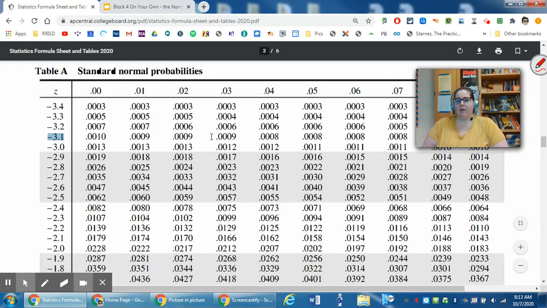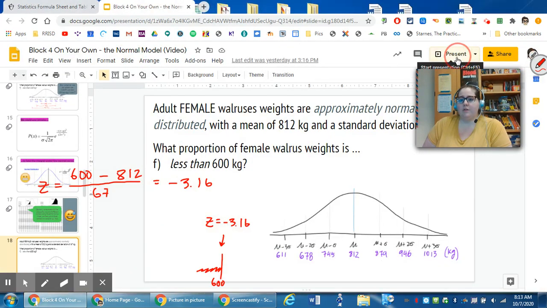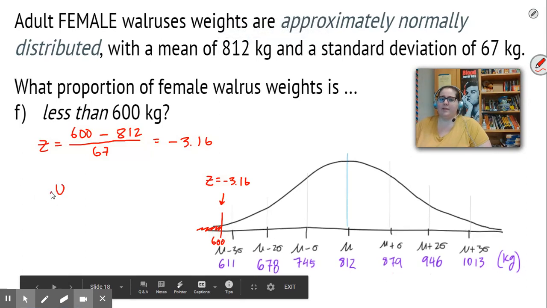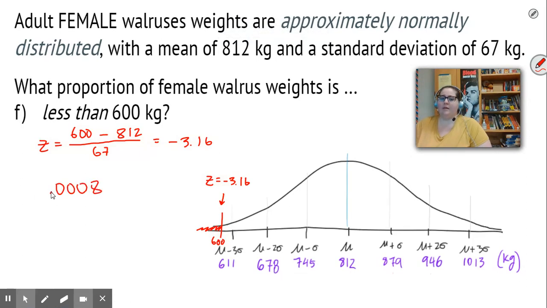So negative 3.1, and then we want to be underneath the 0.06 for that second decimal place of 6. So the area that the z-table is telling me is 0.0008. So going back to my example, the area that we got from the z-table is 0.0008. So that is the proportion of walruses, or female walruses, that weigh less than 600 kilograms.